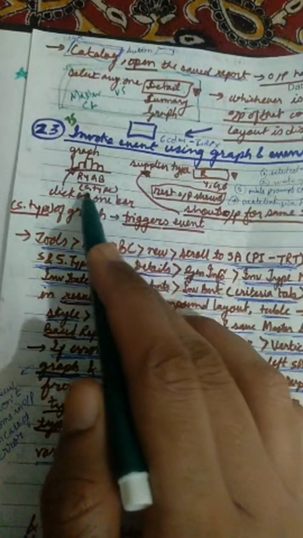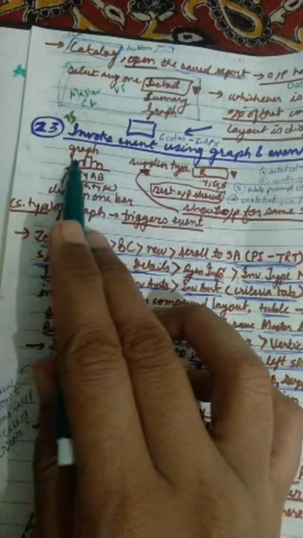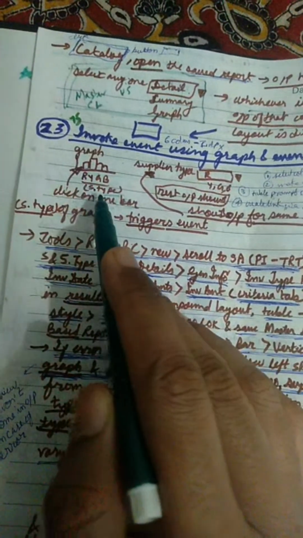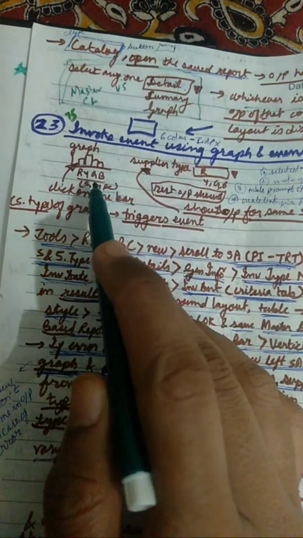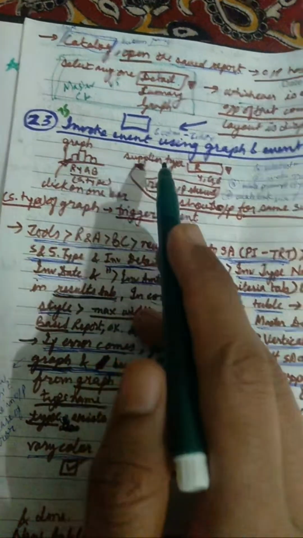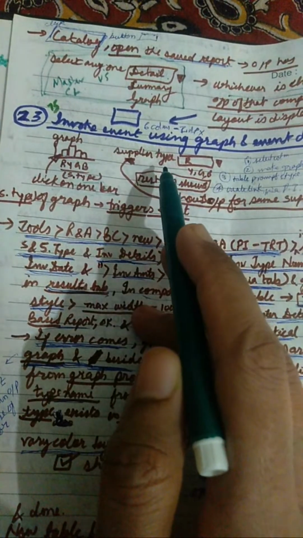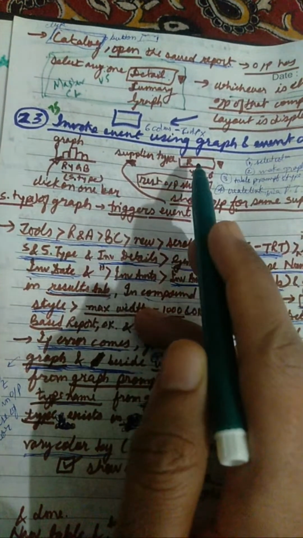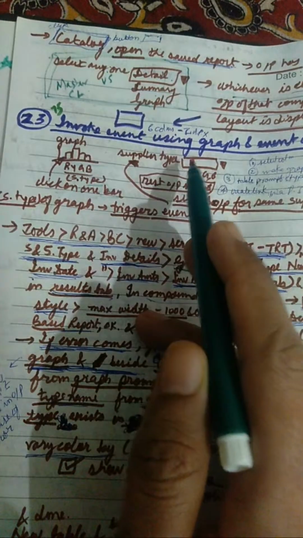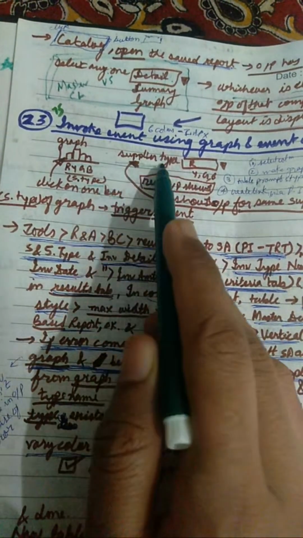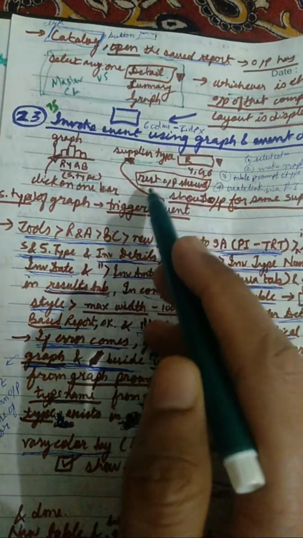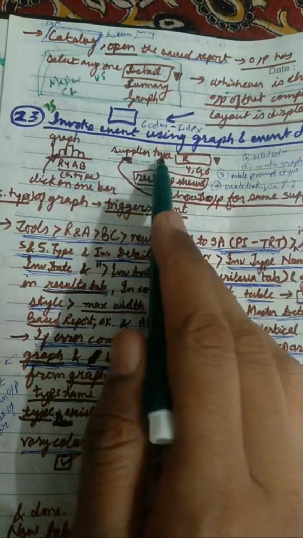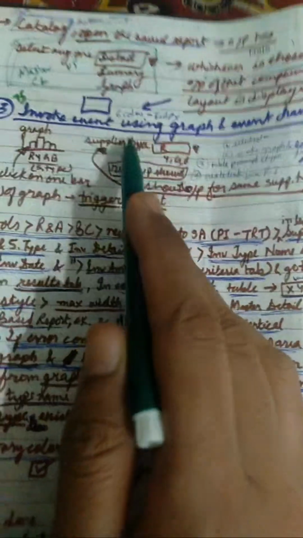This is the supplier type, and I'm clicking on R, the value for my supplier type name. I have clicked on the first bar. The same supplier type will be selected in the table prompt here.